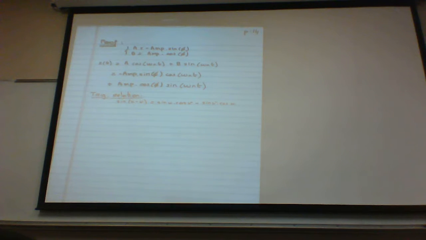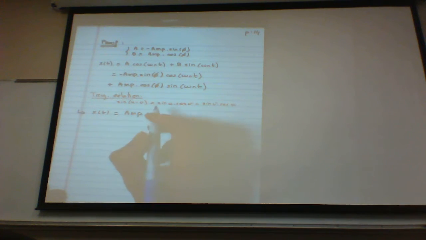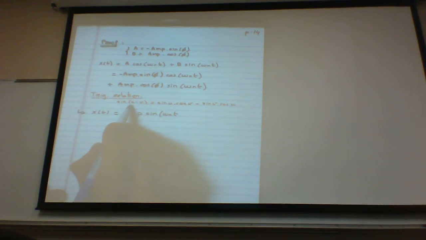So the above relation will become what? x of t equals amplitude times the sine of omega n t minus phi. It will be the amplitude, and then this will be sine, no? What will be u in our case? Omega n t, no? And v will be this angle over here.